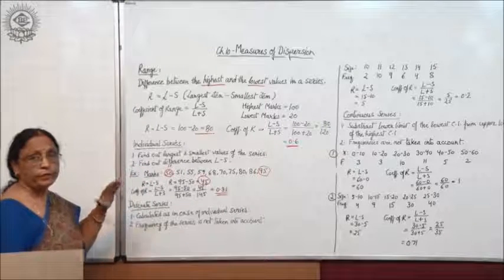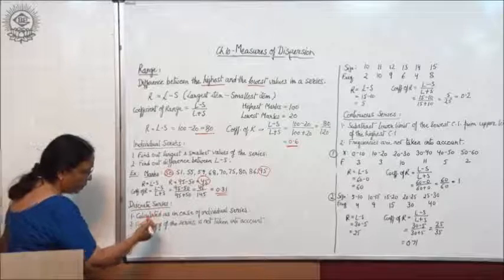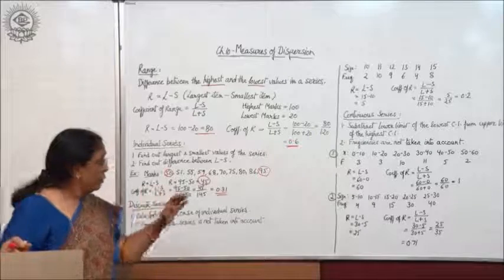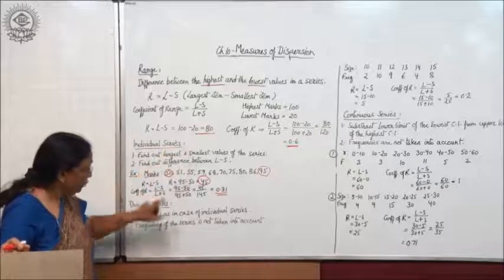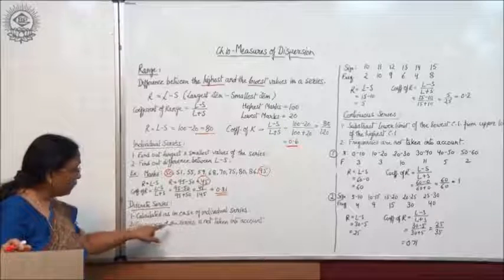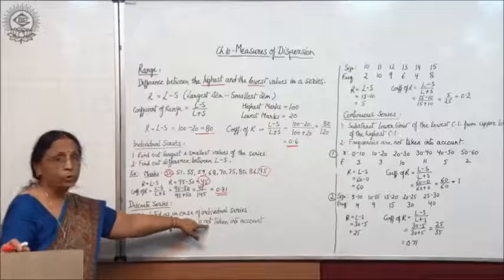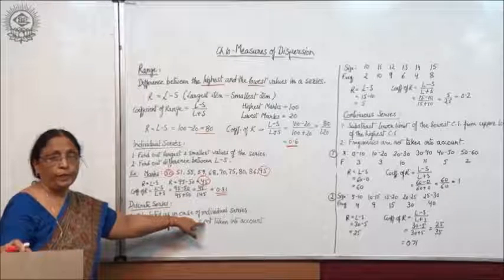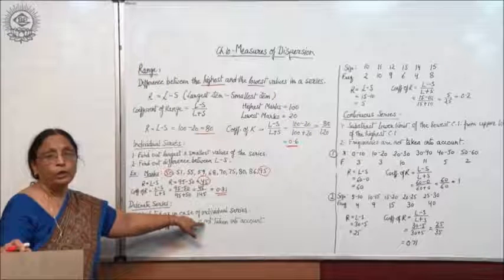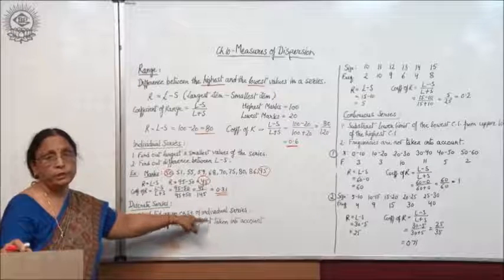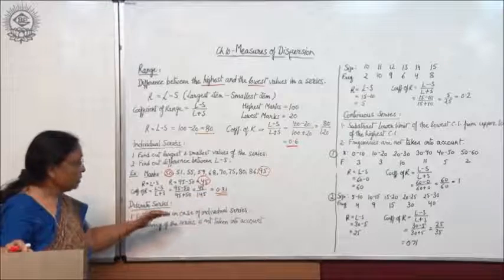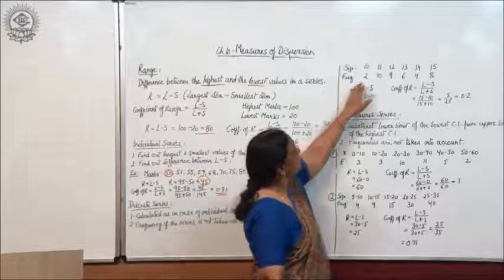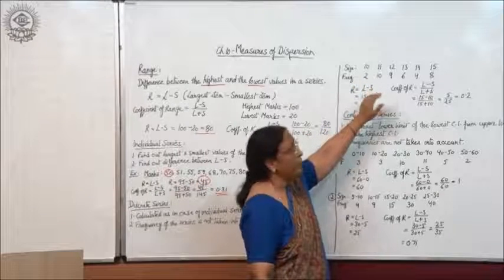In the discrete series where frequencies are given, the steps are the same as in the case of individual series. First, you will do the calculation as you have done in the case of individual series. Second, frequencies of the series are not taken into account. In the discrete series, frequencies are given, but when you are calculating range, you will just ignore frequencies, just see the item column X. For example, size and frequencies are given here.